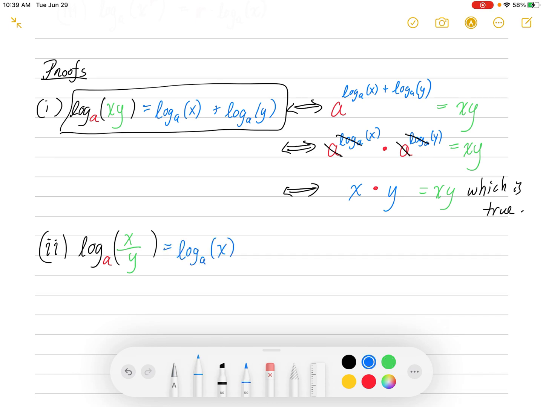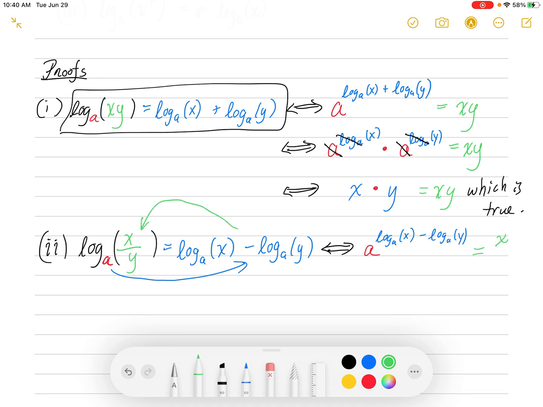The second property, we want to prove that one. That one says that the log base a of x divided by y is the same thing as the log base a of x minus the log base a of y. Let's check if it's true. So if I wanted to write this in exponential form, I'd start with my logarithmic base a in red, which becomes my exponential base a.